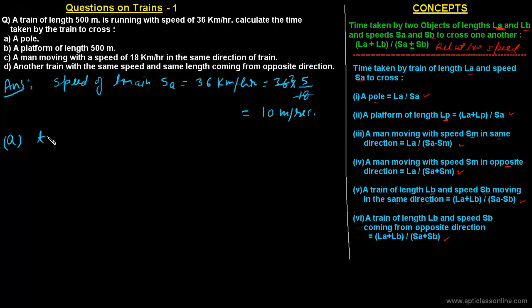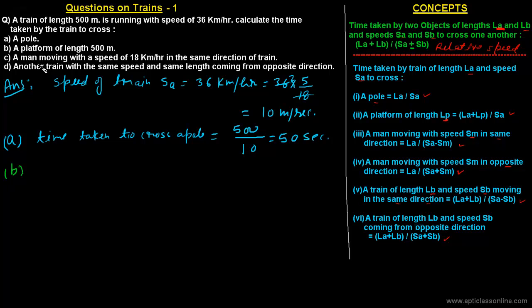The time taken to cross a pole in case A is equal to the length of this train, that is 500 meter, divided by the speed of the train, which we have seen here, 10 meter per second. 500 by 10 is 50 second. The answer to question A is 50 second.